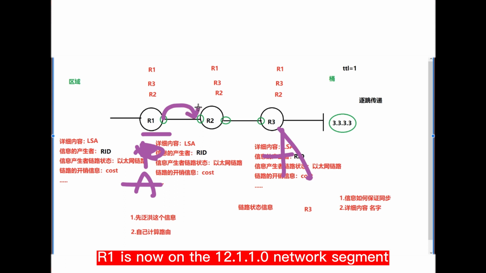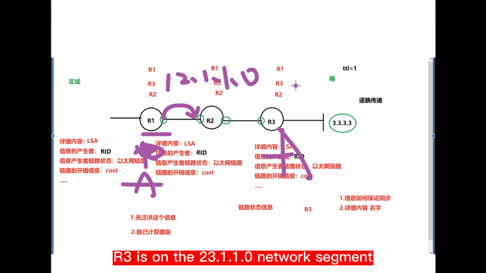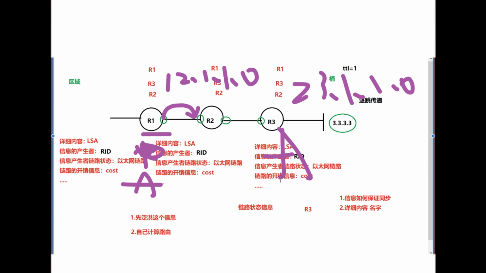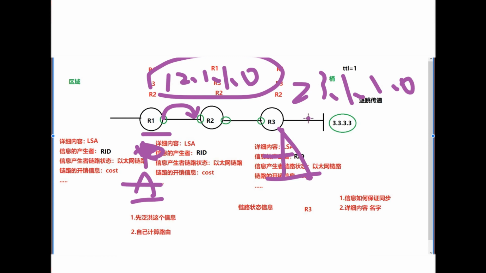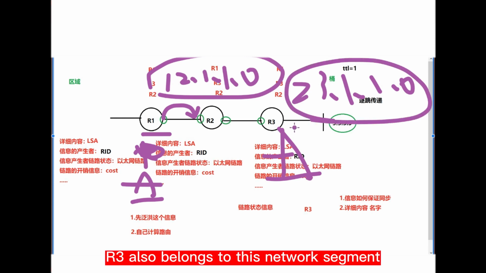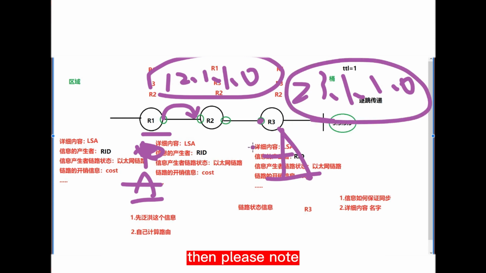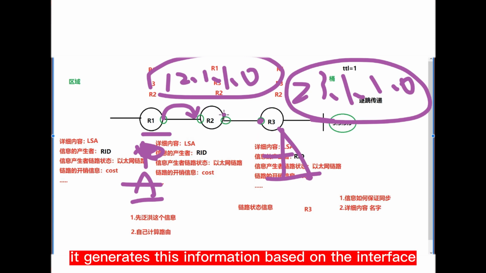R1 is now on the 12.1.1.0 network segment. R3 is on the 23.1.1.0 network segment. That is, now A has generated two messages. R1 belongs to this network segment, and R3 also belongs to this network segment. Then please note, it generates this information based on the interface.